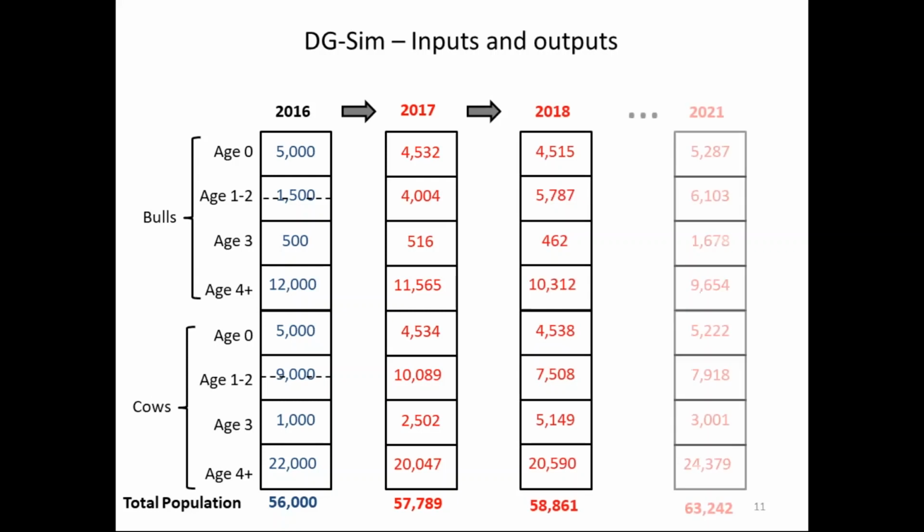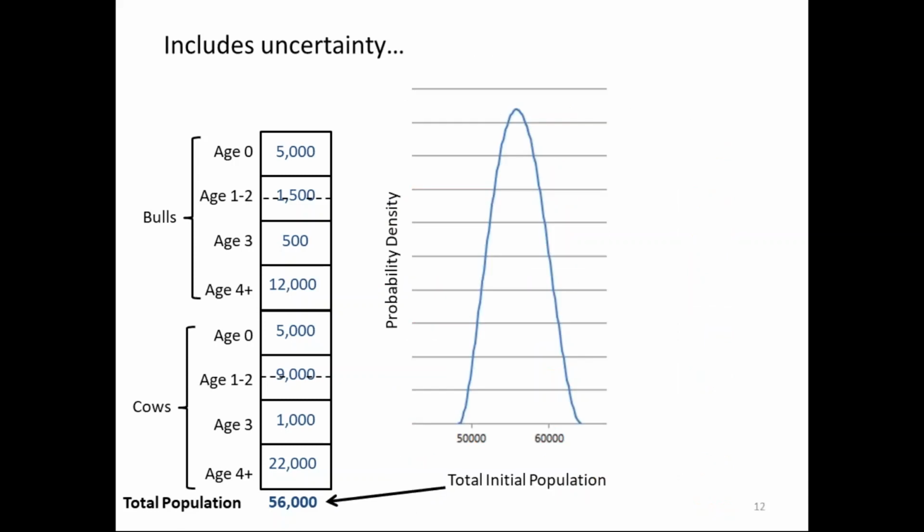And if we repeat that for a number of years, then we can make a projection over a number of years. Now this represents a single Monte Carlo simulation of the model. As you all know, when we make estimates of both population sizes and demographic parameters, there's uncertainty associated with those estimates.